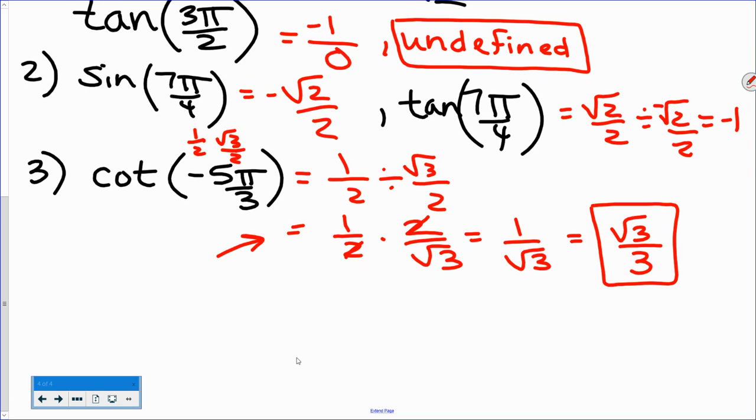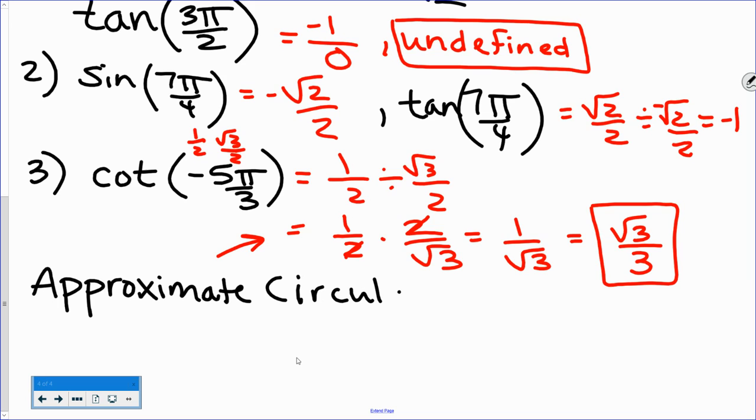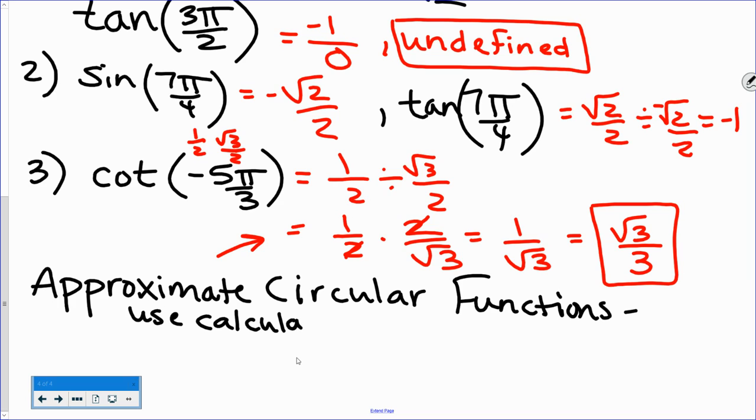The last thing that you'll be asked to do is just calculator problems. So it might say to approximate. So if it's asking you to approximate, you're now going to use a calculator. Okay, so these are likely ones that are not with one of our special angles. They do not have a 30 degree, 60 degree, 90 degree reference angle.